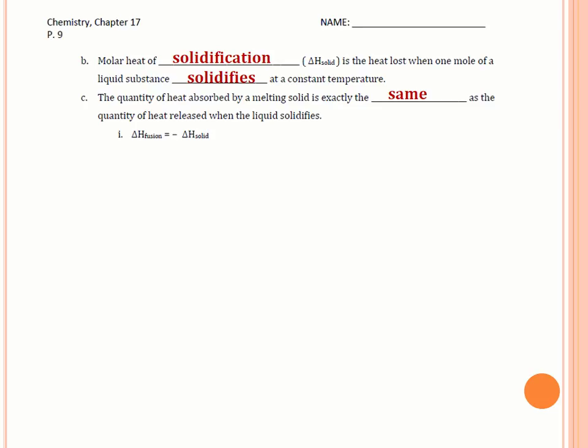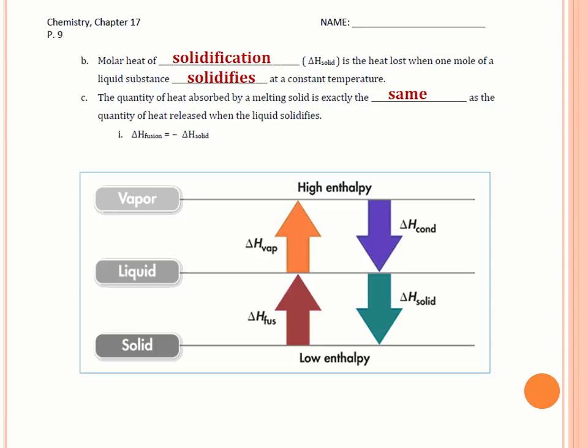It's just, is it absorbing heat or losing heat to go from a solid to a liquid or a liquid to a solid? So when it's going from a solid to a liquid, it's called the heat of fusion. When it's going from a liquid to a solid, it's called the heat of solidification.